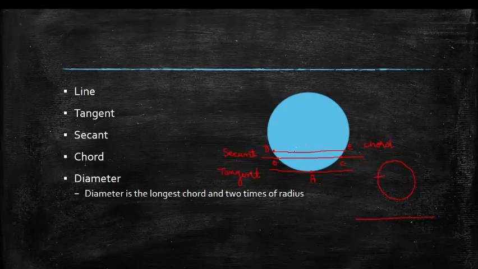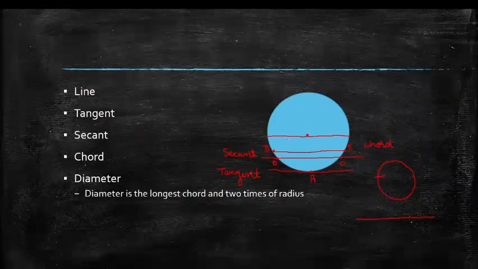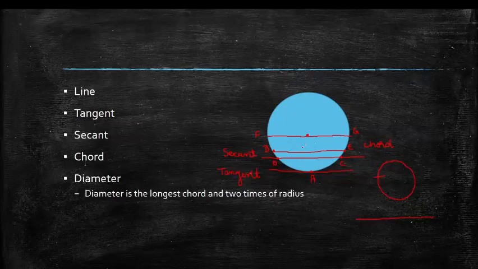Now we are moving this chord a little upward, this way so that it starts crossing the center of the circle. Let us name it FG. The chord which passes through the center of the circle is called a diameter.